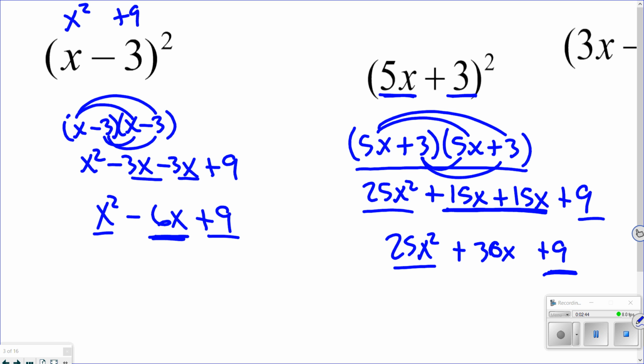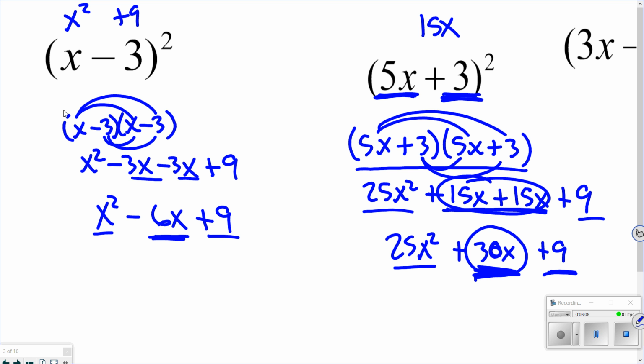But you've got to remember that there's a middle term. The way we find the middle term, this is the important one, is I take the first one, 5x, and multiply it by 3. That's 15x. And then it will always repeat itself. Do you see right here, 15x and 15x? So I take that 15x and multiply it by 2. That's how I get the middle term, which is 30x. So that's a shortcut way of multiplying that out.